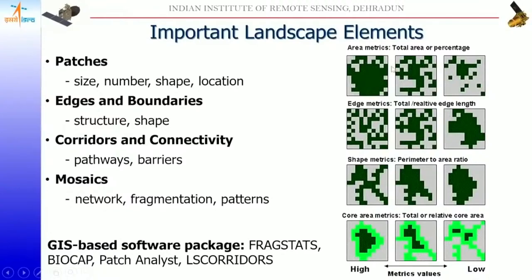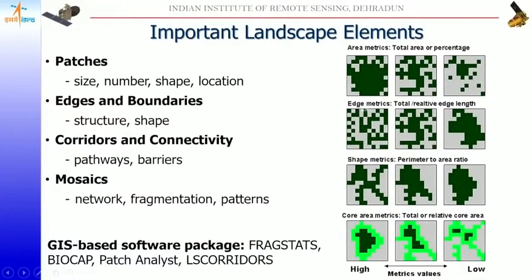So in the case of the area metric, the first box represents the high value, and the last box represents the low value of the area metric, because you can see the distribution of the patches in that area. So the total area is larger as compared to the last example.